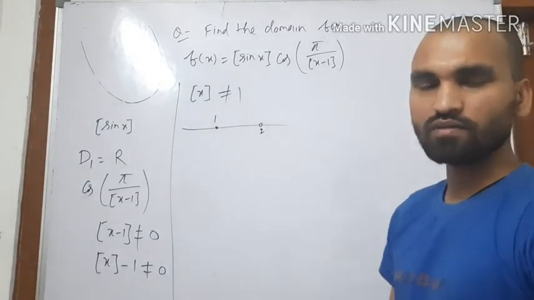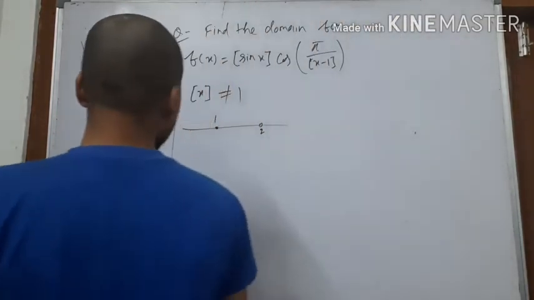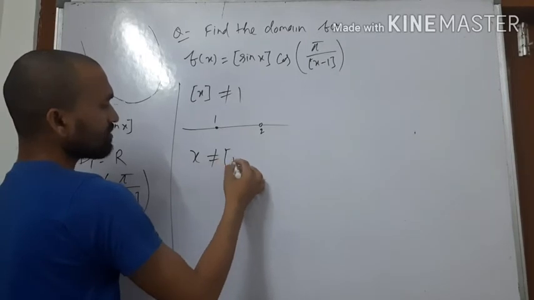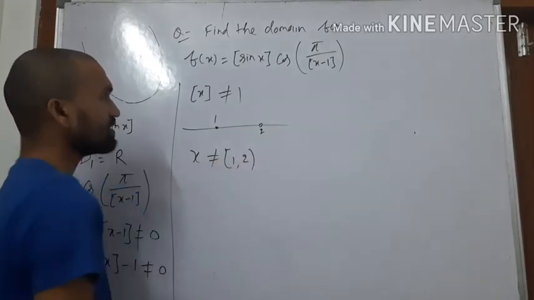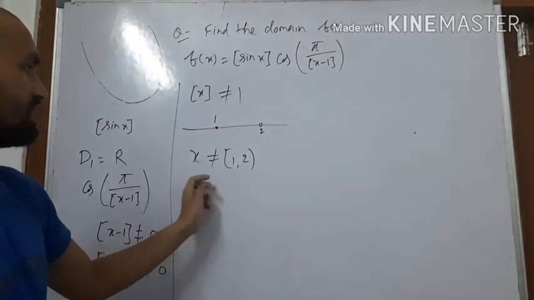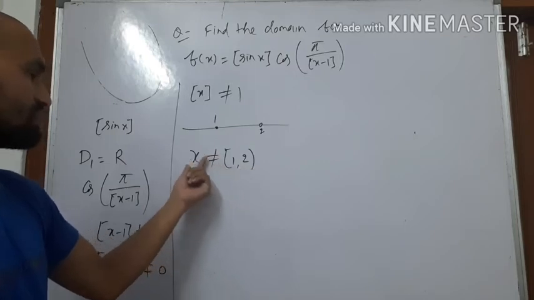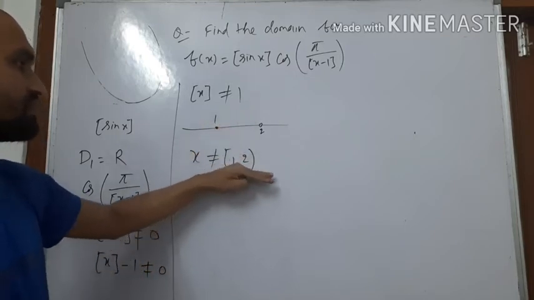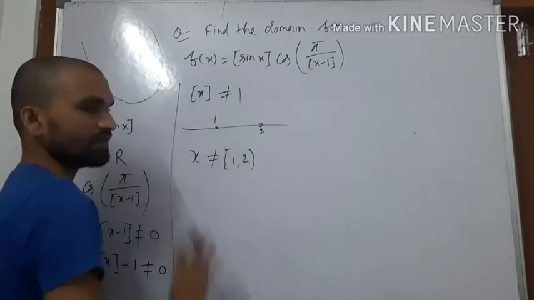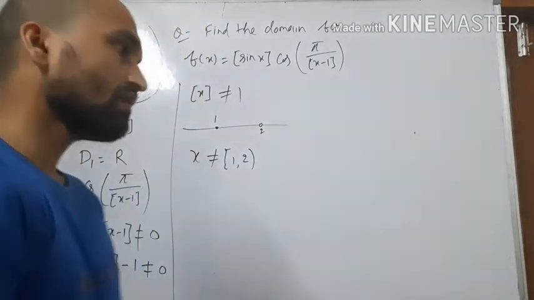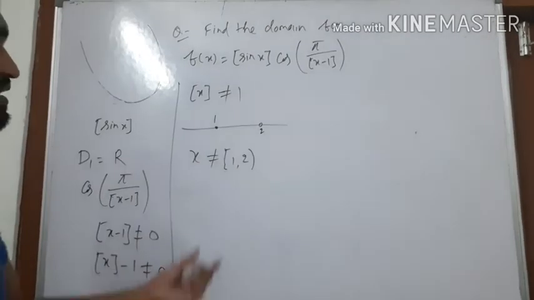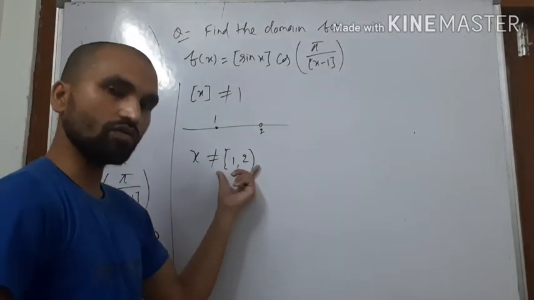So if x is not in the interval [1, 2), then the greatest integer will not be 1, because for this interval the greatest integer of x is 1. So our function will be defined for real numbers excluding this interval.